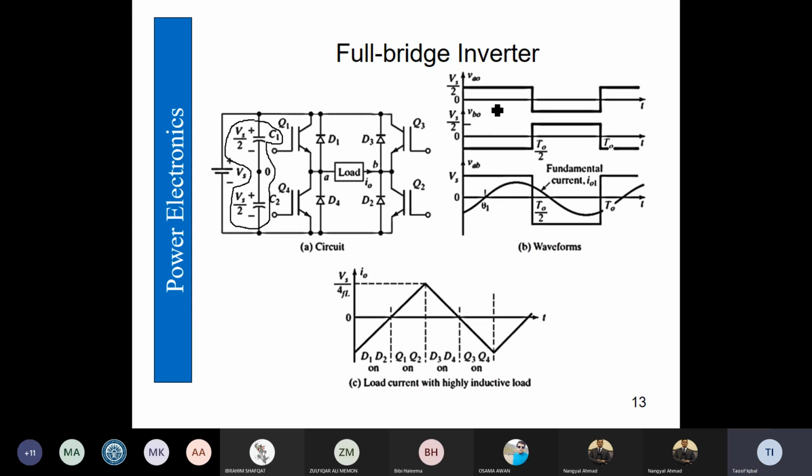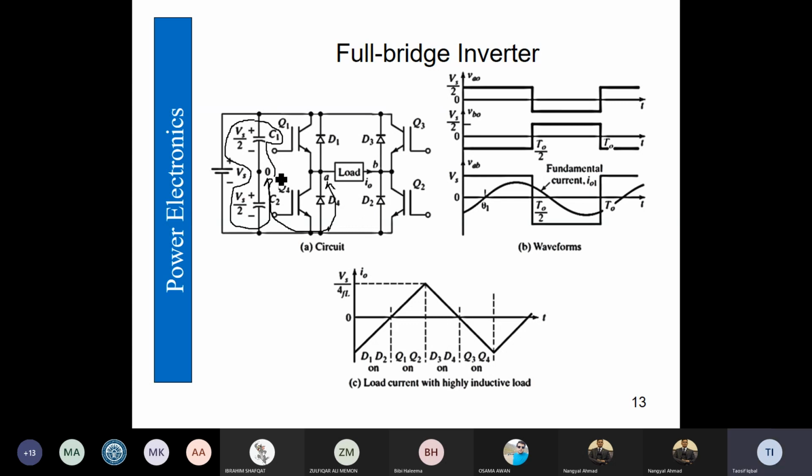So this is how we are going to supply the switches. VA0 is the voltage across A and the ground, or this voltage A and 0.